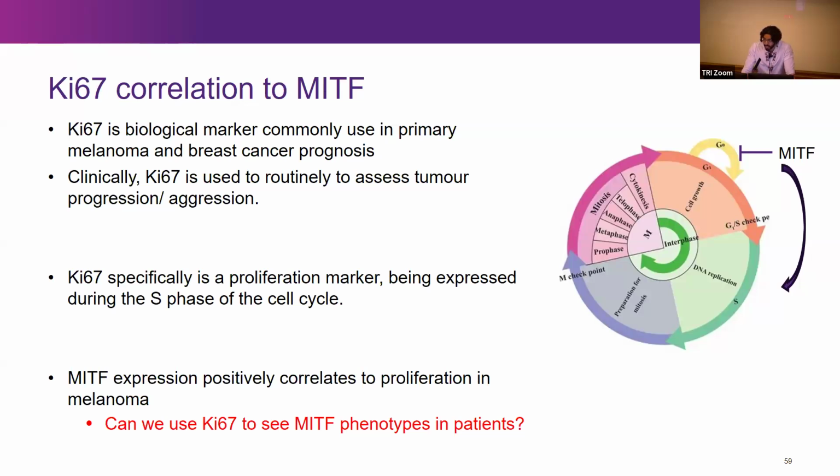So we're going to use this as a proliferative marker in this case. This would be our green cells in this analysis. And we're looking at how that correlates to MITF expression in patient samples, with the running question of, does MITF expression positively correlate to proliferation, as we see in vitro?